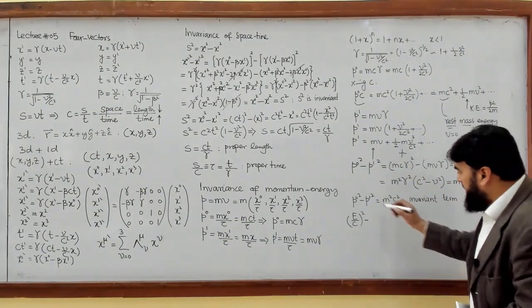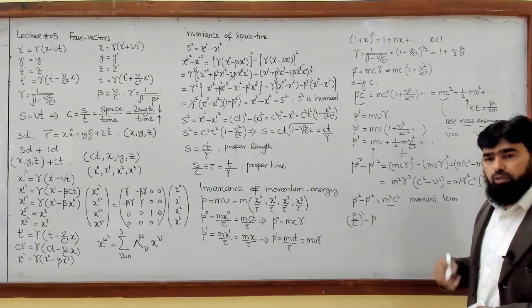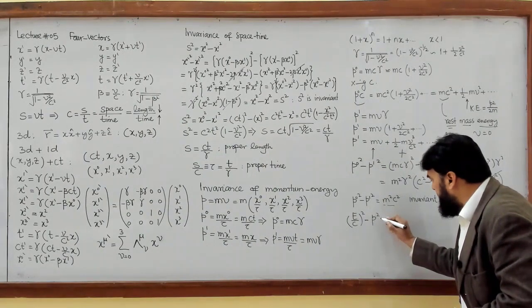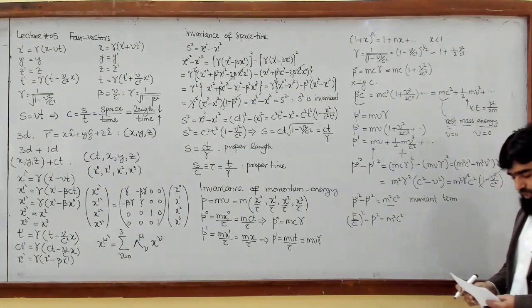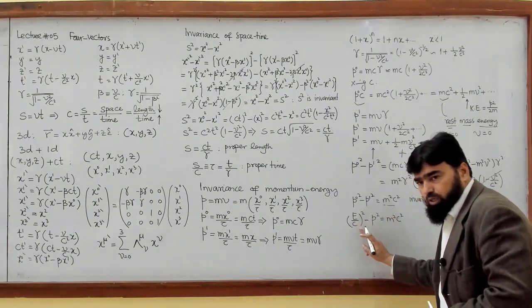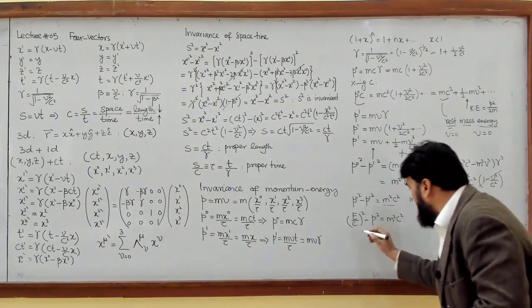P1 is P, the momentum in the three-dimensional space, squared, which is equal to m square c squared. And if I square this one and multiply with c square, then what will it be?